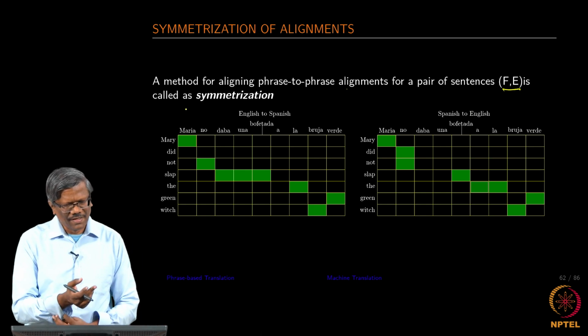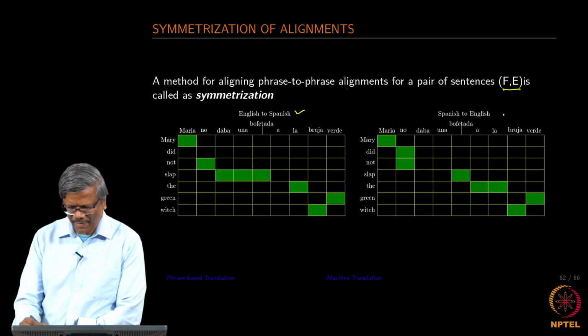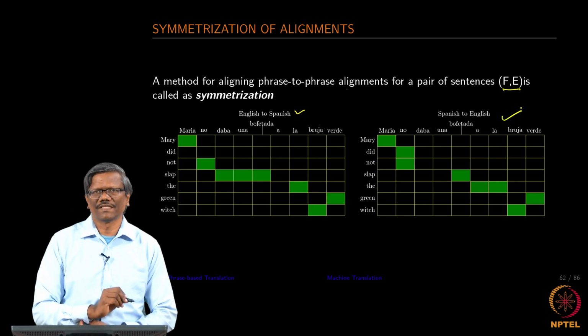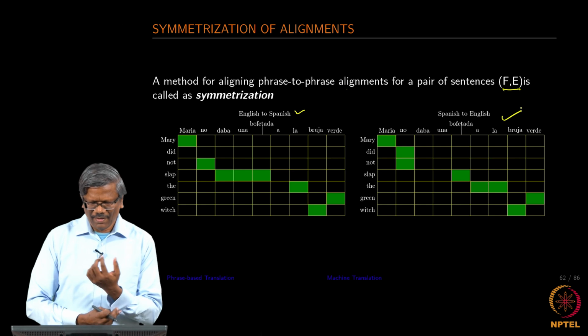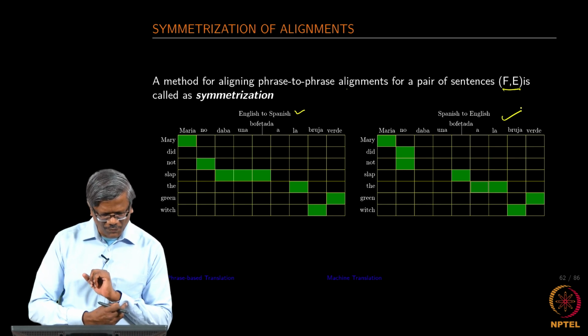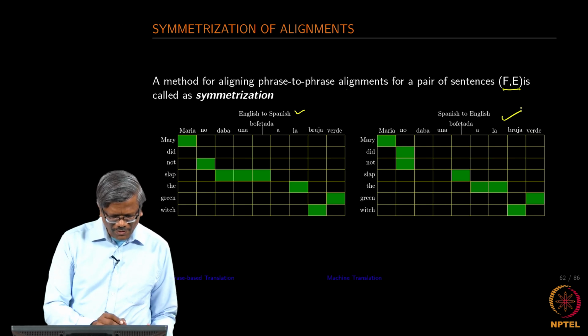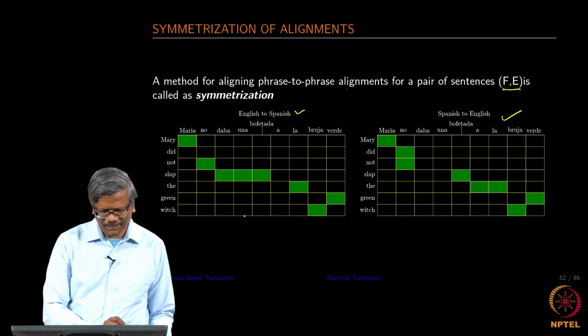In this case we have an English to Spanish alignment and a Spanish to English alignment. You might also notice that when you do the English to Spanish alignment, all English words are used.